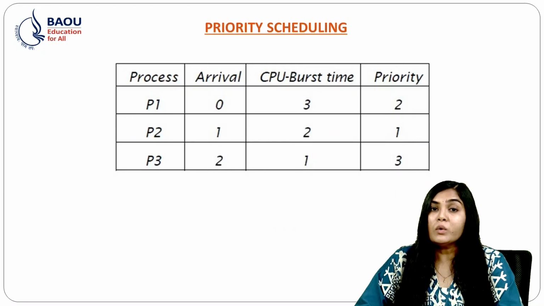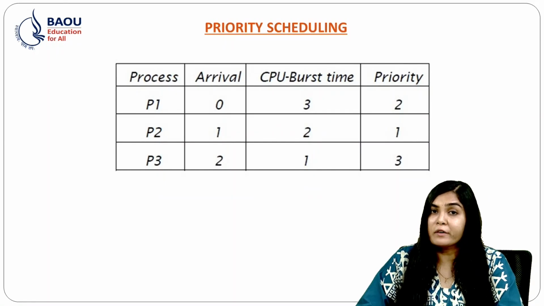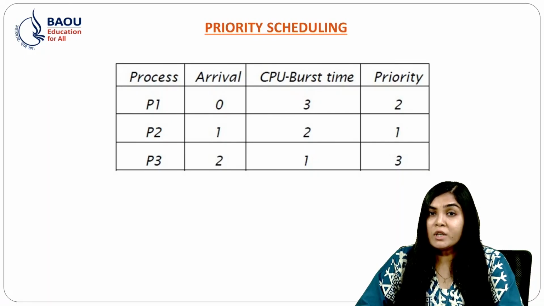So at time 3 second, what will happen? Two processes are left, P1 and P3, with priority levels 2 and 3 assigned to P1 and P3. So P1 will be executed to completion till 5 seconds.